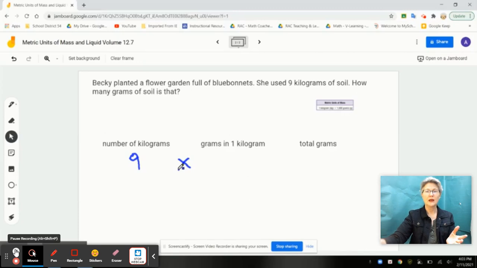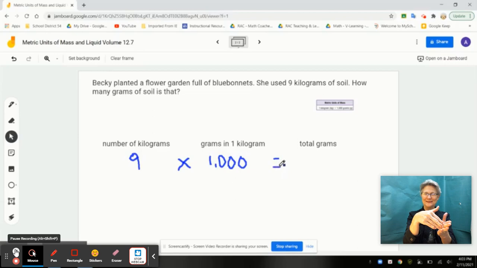And when we multiply 9 times 1,000, we get a total of, that's right, 9,000 grams. So how many grams of soil does Becky have? She has 9,000 grams of soil to plant her bluebonnets.